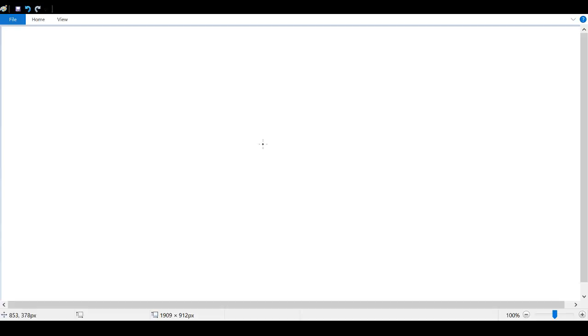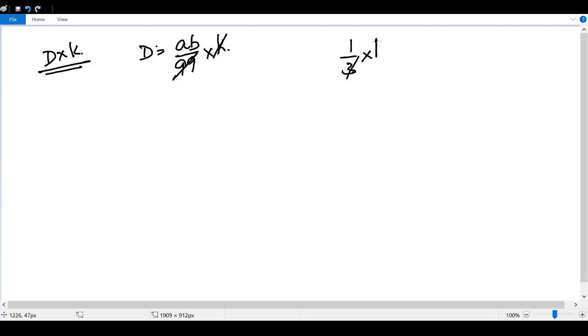Now let's proceed further. So some of you want a repetition. So basically it says that d into k is giving you an integer. What was d? d was AB upon 99, and you're multiplying that by k to get an integer. This can happen only when 99 cancels k. For example, 1 by 3 can become an integer only when 3 cancels something here. Something here need not be 3.